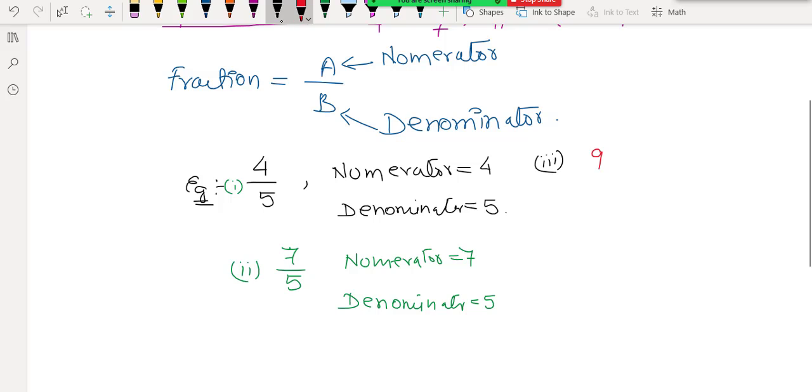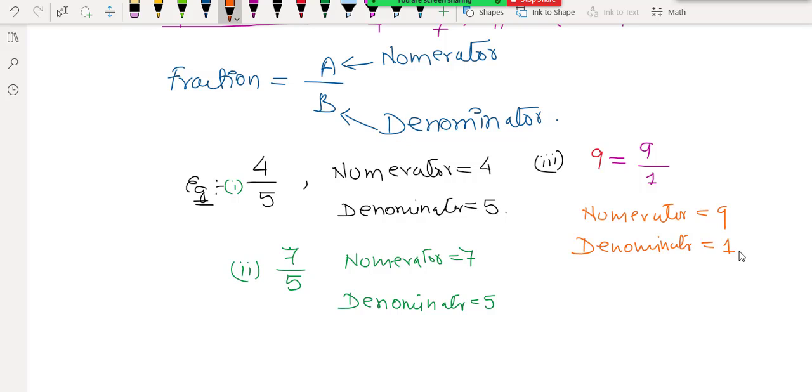If nothing is written in the denominator, that means the denominator is always equal to 1. If only 9 is written, in the numerator we will have 9 and the denominator is equal to 1.